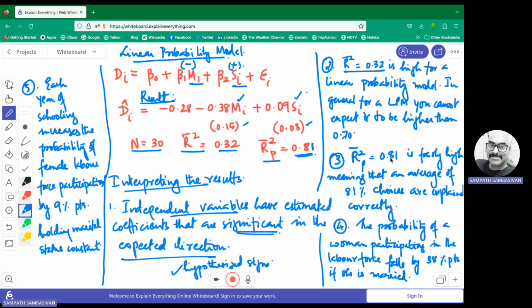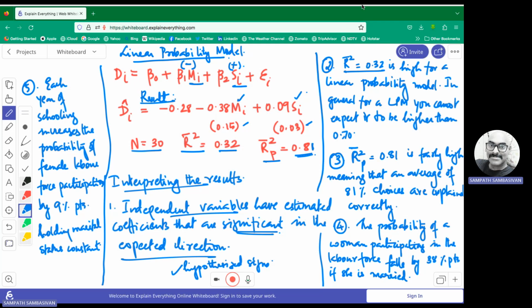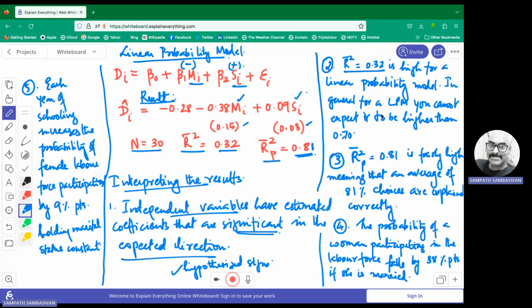And when it comes to pseudo R squared, this is something that we have discussed in the previous recording. I have told that since adjusted R square values are not very reliable, you have another measure, which is the pseudo R square. Look at it, it is 0.81, which is fairly high, right? It means that an average of 81% of choices are explained correctly.